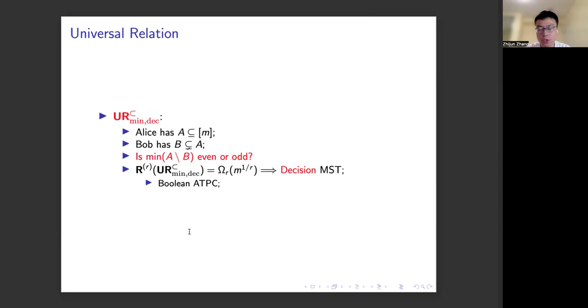It's not hard to modify the augmented tree pointer chasing problem to be Boolean and prove a lower bound for this decisional mean universal relation. And the challenge actually comes when we try to use this lower bound to prove the decisional MST lower bound.